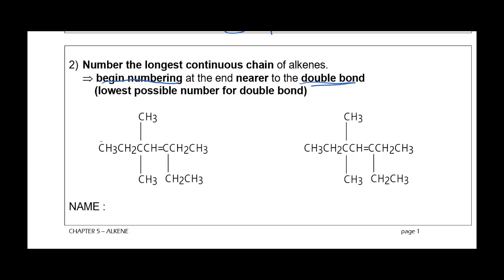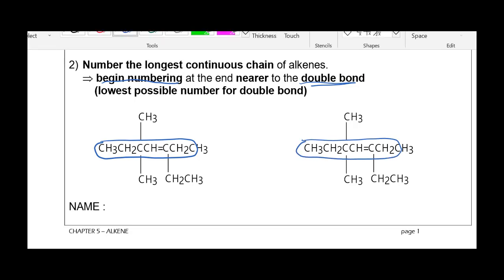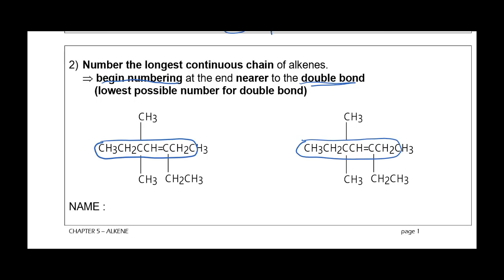So this is your longest carbon chain including the carbon-carbon double bond. So there are 2 ends to give numbers. So, trial and error. If we start here, 1, 2, 3, 4, 5, 6, 7, the carbon-carbon double bond is at carbon number 3.